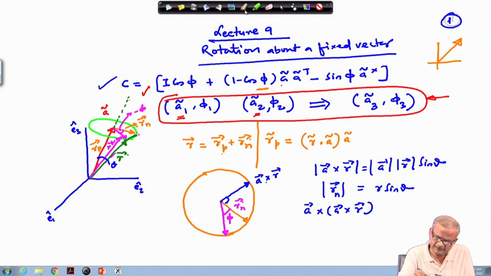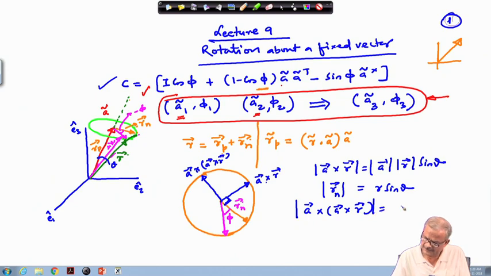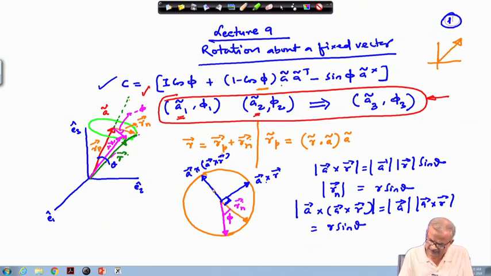This angle is 90 degrees, so perpendicular to this will be again in this place, which we indicate by a cross r. Again, the magnitude of a cross r is the magnitude of a, which is 1, times r sin theta, so this is also equal to the magnitude of r n. It lies here in this direction.